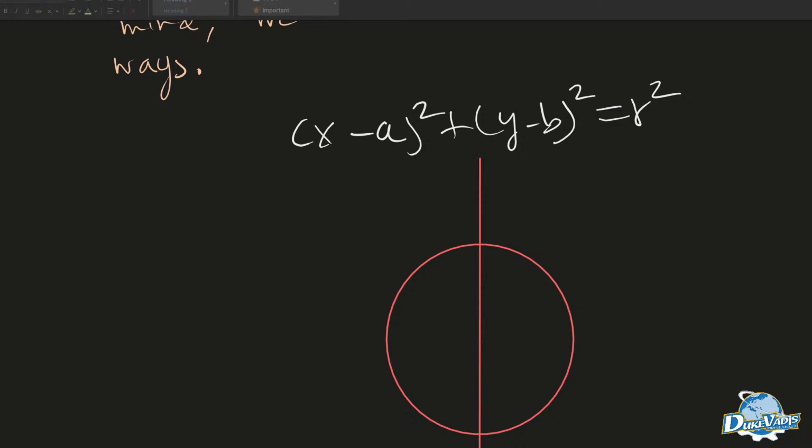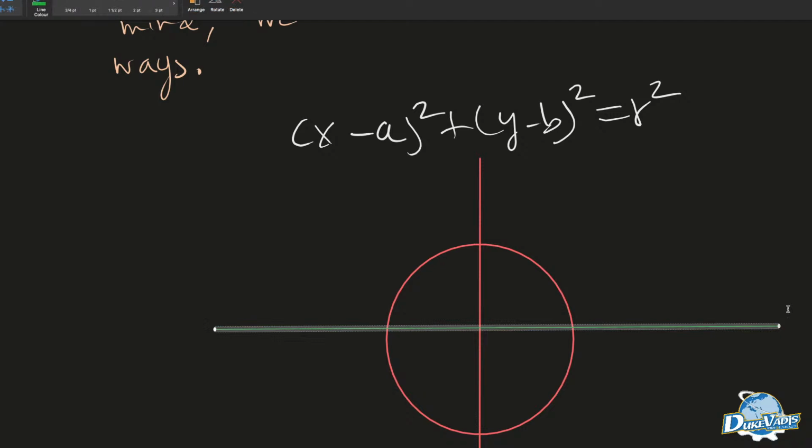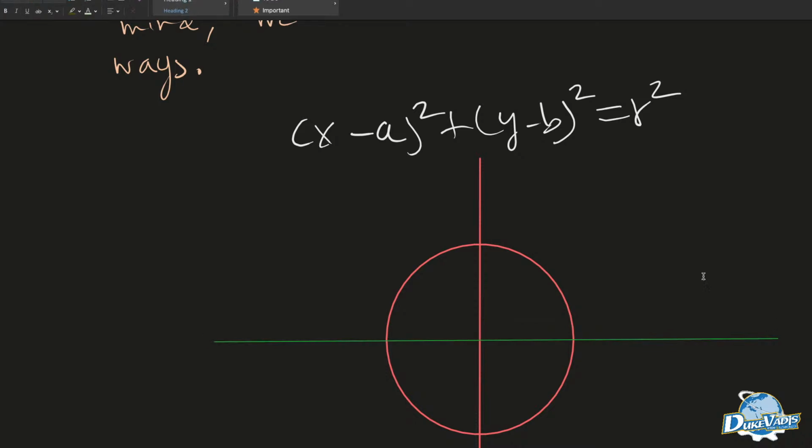So this is the x axis. Now look at it and see how this equation came about.